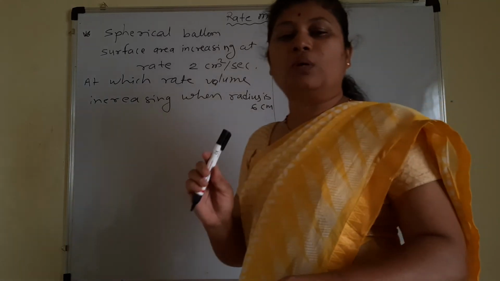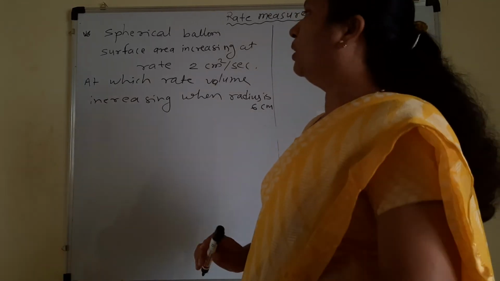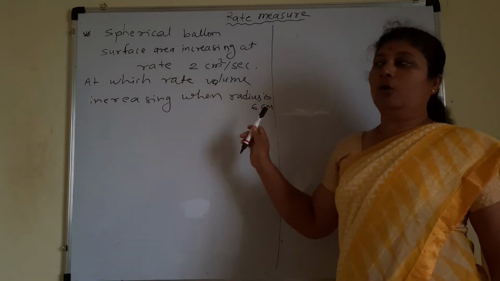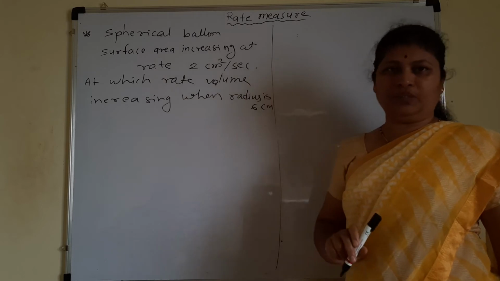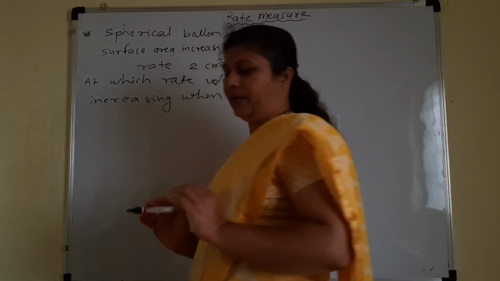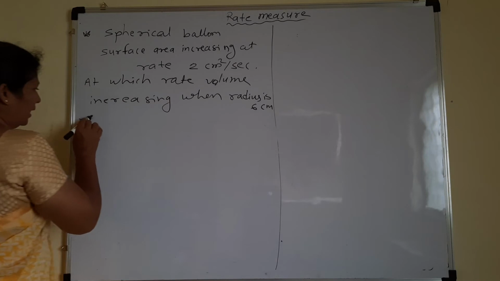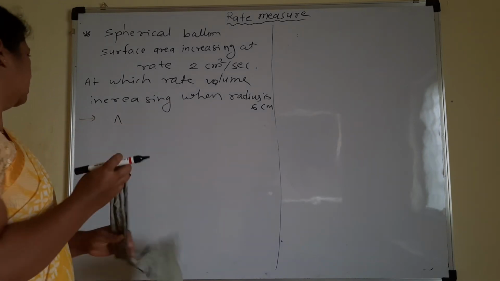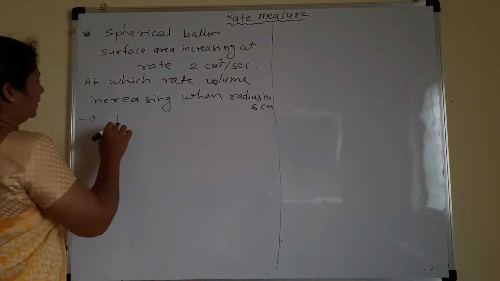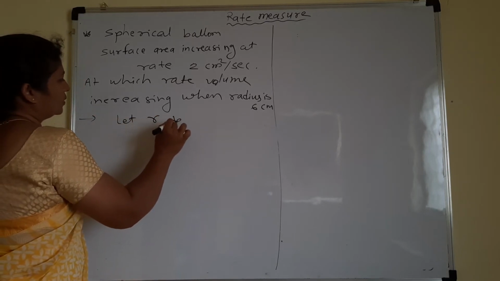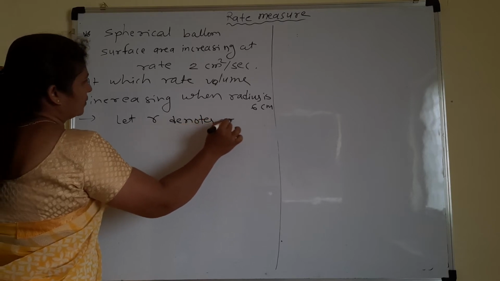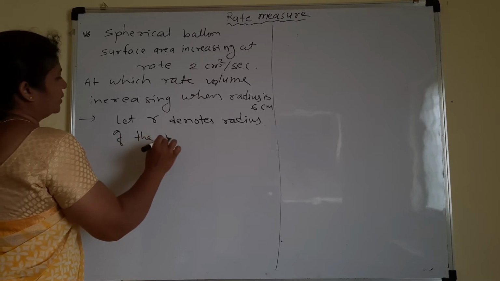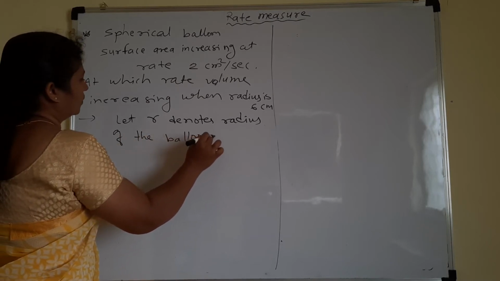So first of all, you must know what are the formulae for surface area and volume of the balloon. Balloon is spherical in shape. So for a sphere, let us consider first of all radius r of that balloon. Let r denote the radius of the balloon.